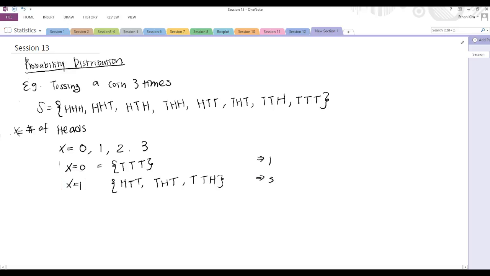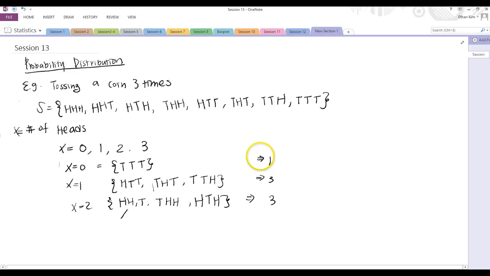If x equals 2, this is H, H, T, T, H, H, or H, T, H. So there are, again, 3 cases.